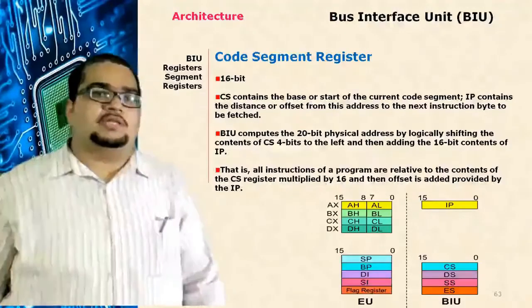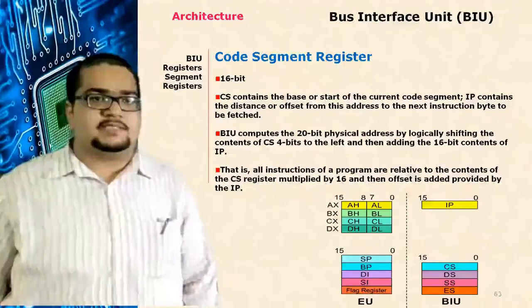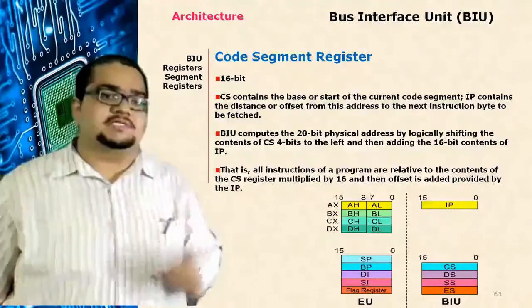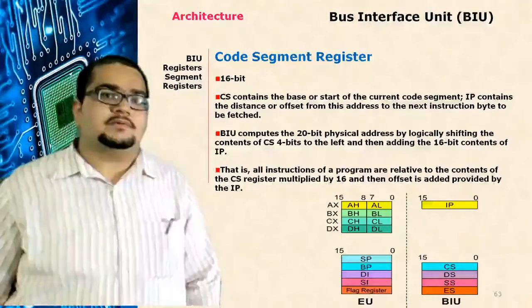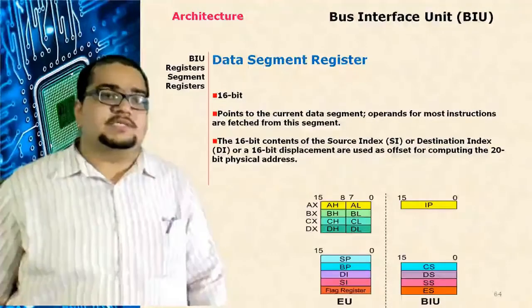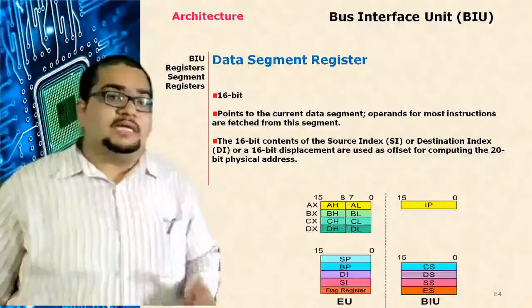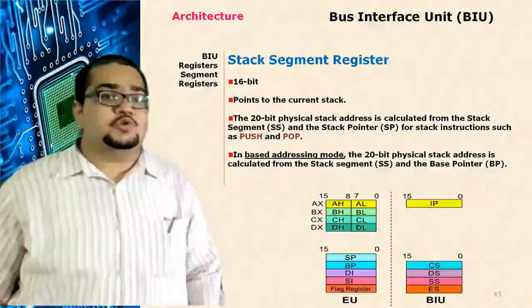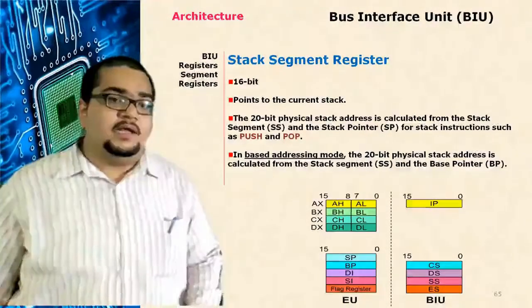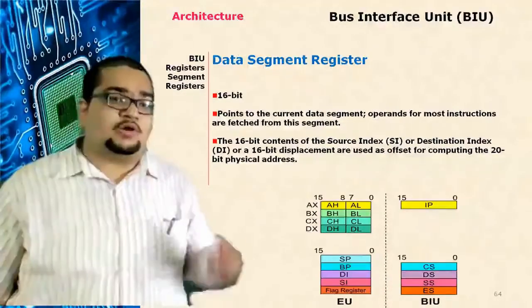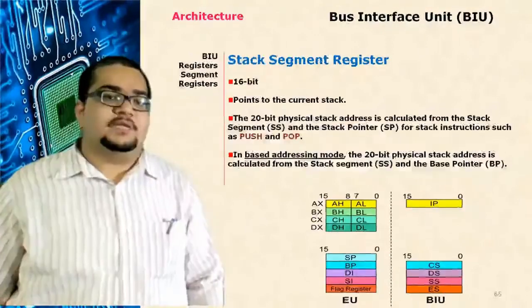Now the different registers. The code segment register is used for holding the segment address of program instructions. Data segment registers are used for holding the segment address of the data, not the offset address, sorry for that.